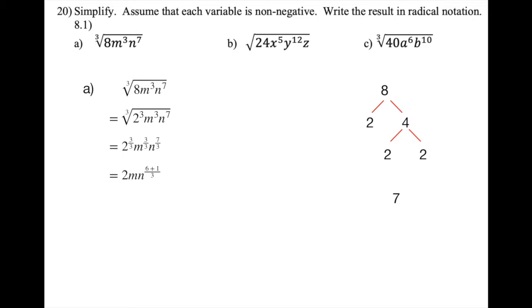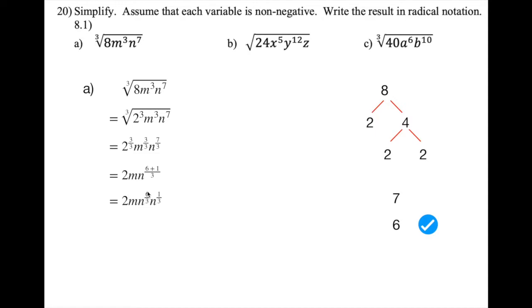So 7, which is not a multiple of 3, 6 it is. So we can stop here. We can rewrite this 7 as 6 plus 1. So this fraction, or say this power here, we can rewrite as 6 over 3 plus 1/3.